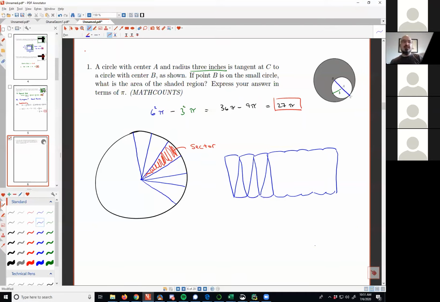Until we have something that is close to a rectangular shape. Now, somebody tell me approximately how tall or how wide is this shape? The radius of the circle. Yeah, this is approximately as wide as the radius. Now, how long is it?